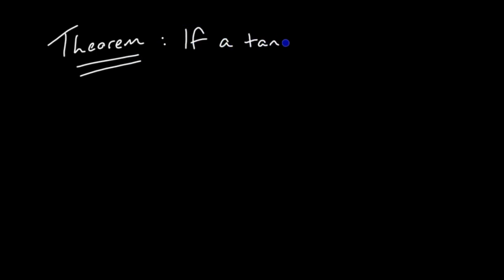All right, so let's take care of one of the first theorems with these. The first theorem states that if you have a tangent and a secant, and remember when we're talking about secants, we're really talking about chords.